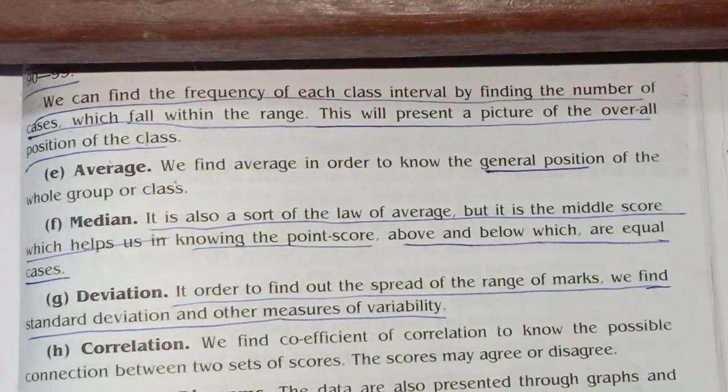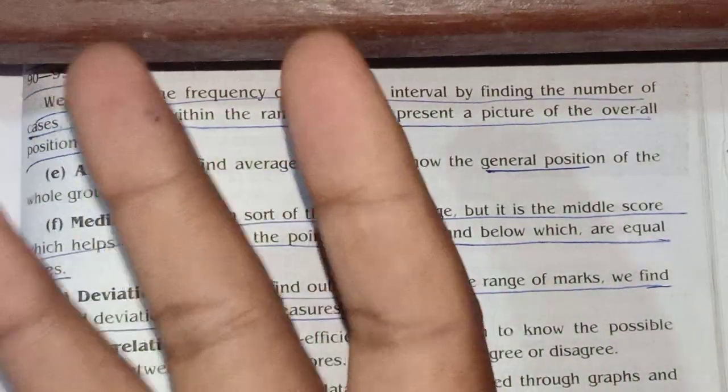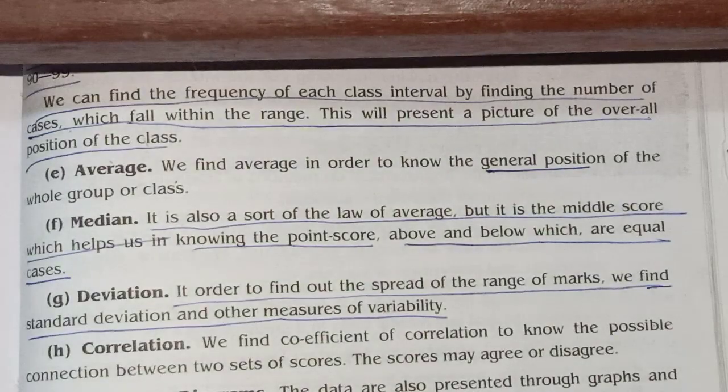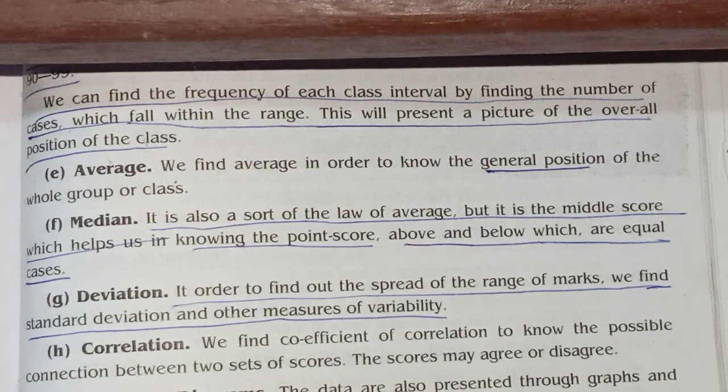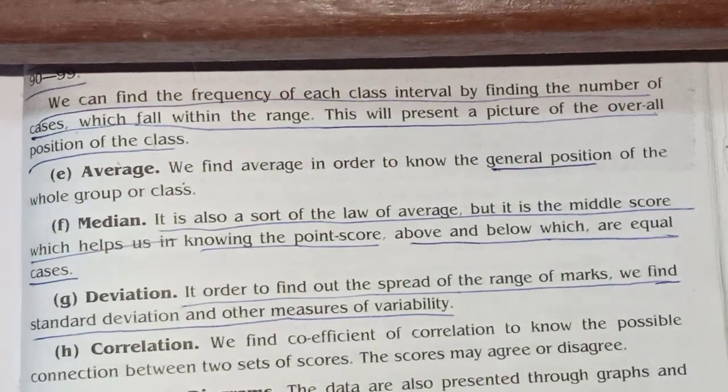So if we take five students, what is the median? The median is what the third student has. The third student is the median, because below him there are two students and above him there are two students. So his mark is the median mark. Like this, median works.